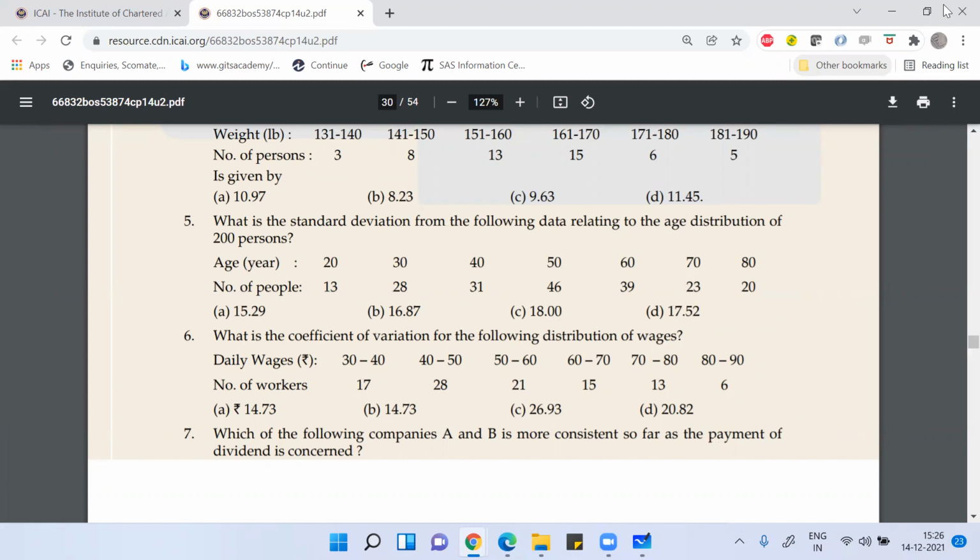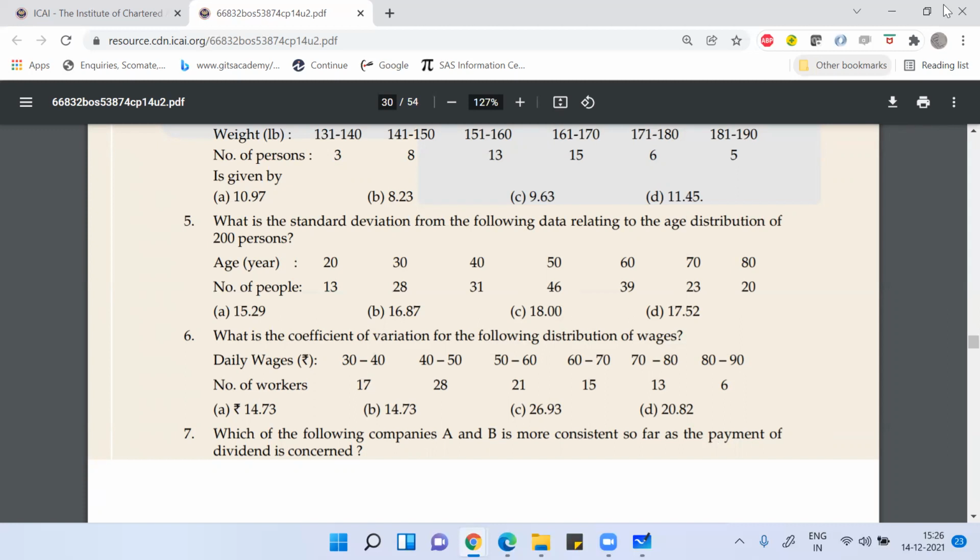Guys, say yes or no. We'll try, sir. Everyone, please try question number 5. In question number 5, you have to just find the standard deviation.